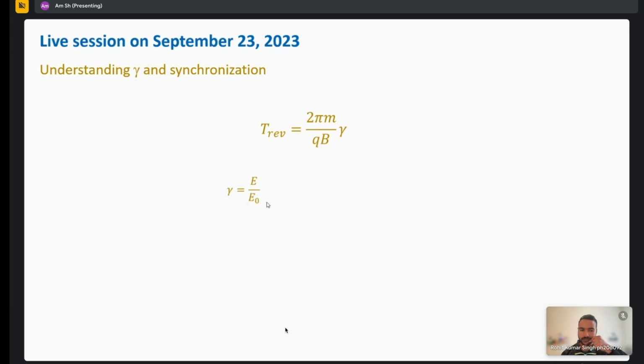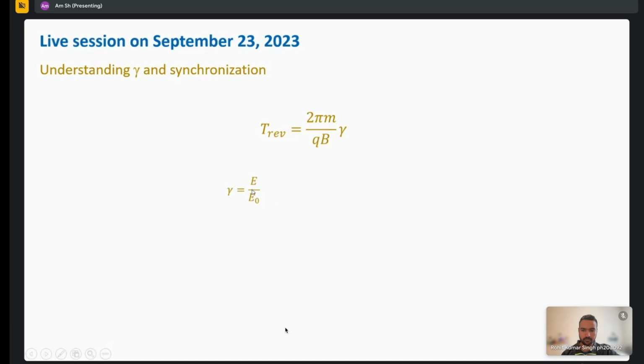While for a particle with rest energy 0.5 MeV, like an electron, 2 GeV means a gamma value of 4000. So gamma is very different for the same energy for different particles.